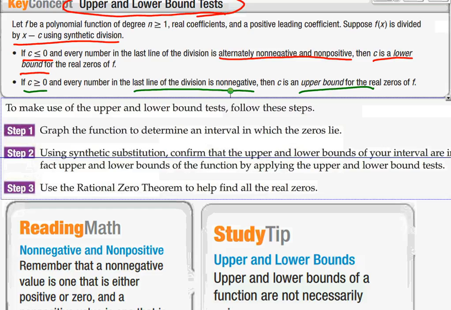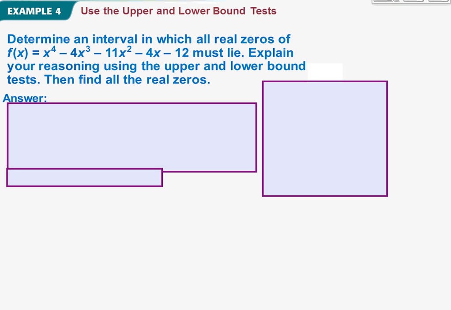And you are, at this point in your life, allowed to graph the function to determine intervals in which the zeros lie, and then use synthetic substitution to confirm that you have upper and lower bounds, and the rational root theorem to help you find the zeros as you go. So now we're going to do some problems and look for those zeros.